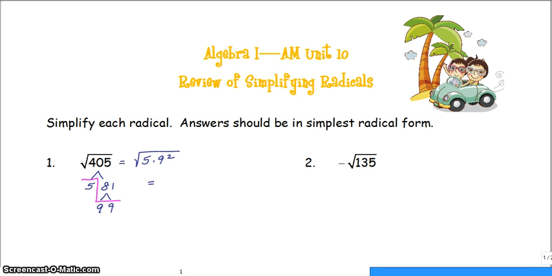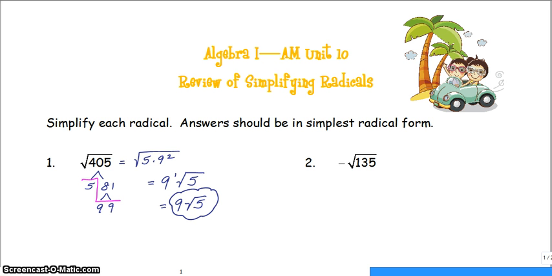I don't have a pair of 5s. That means it has to stay under the square root symbol, but I do have a pair of 9s. So a 9 gets to come out. I have one pair of those 9s. And the 5 will need to stay in. And so when I simplify the square root of 405, I will get 9 square root 5.